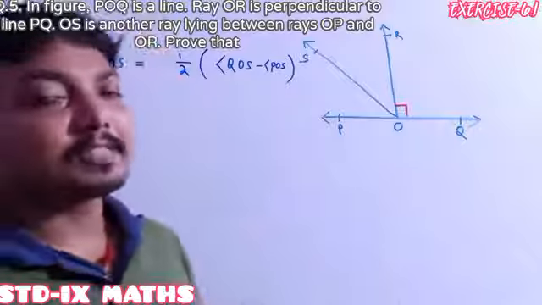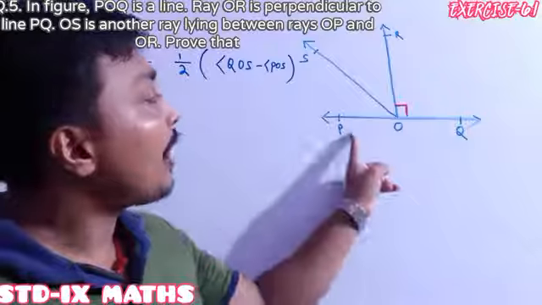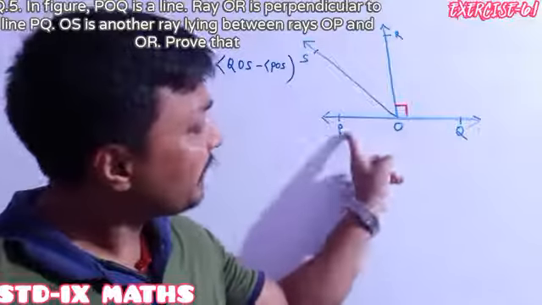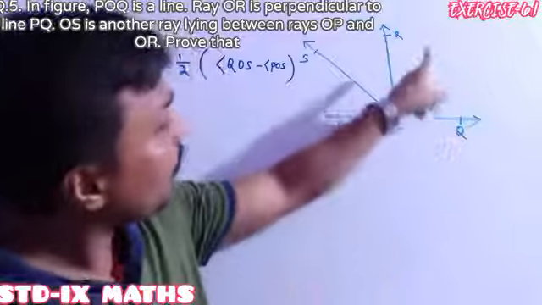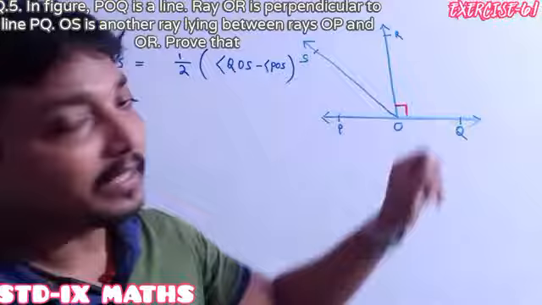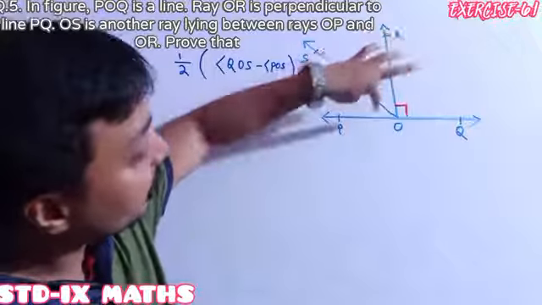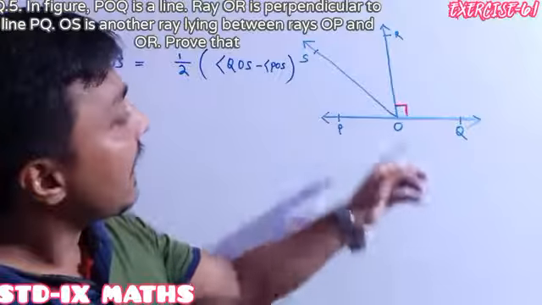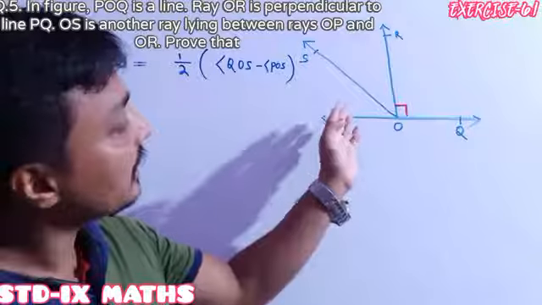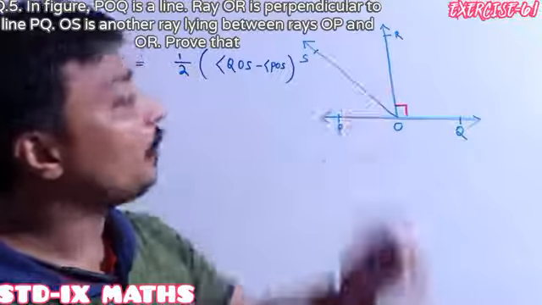See, in the next question it is given that POQ is a line, and OR is perpendicular to PQ. Here it is given that OS is another ray which is in between OP and OR.